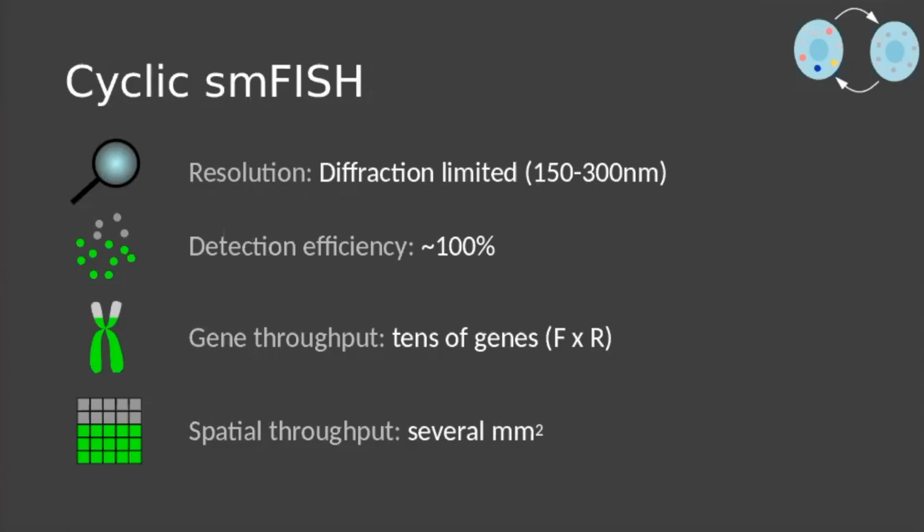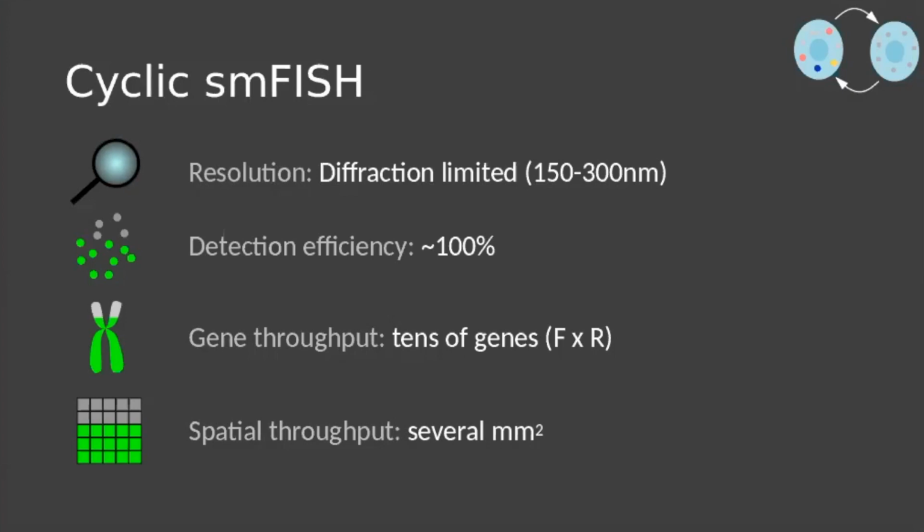The detection efficiency, because it's based on single molecule FISH, is very high, close to 100%. The gene throughput is tens of genes. Basically, it's the number of fluorophores times the number of rounds that you can do. And the spatial throughput is low. It's several square millimeters in one experiment.